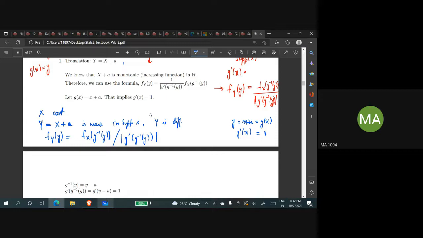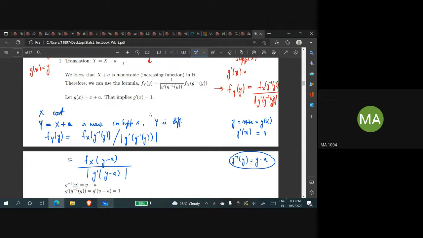Now what is g inverse of y? x equals y minus a, so g inverse of y is just y minus a. If you put this into the formula, you get f_X of y minus a divided by mod of g dash of y minus a.